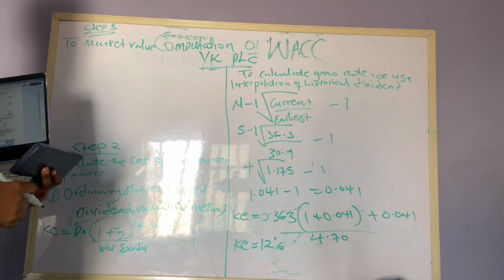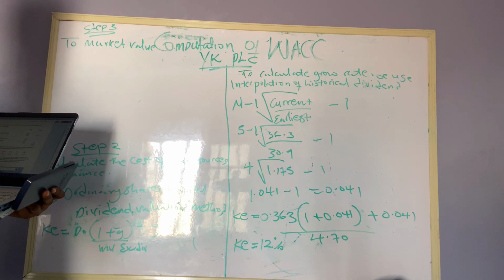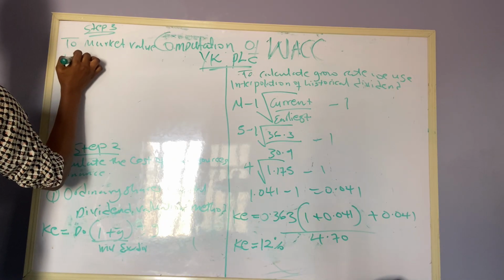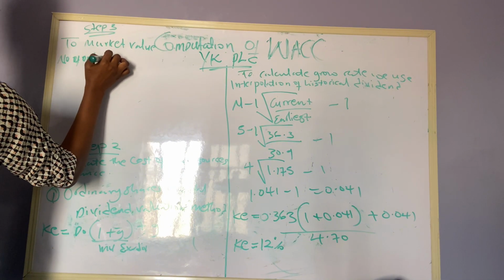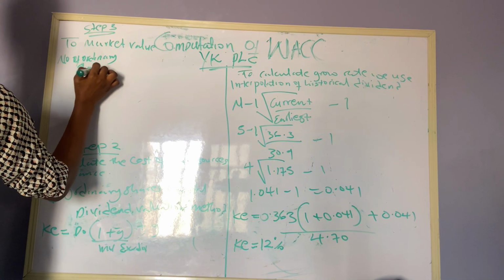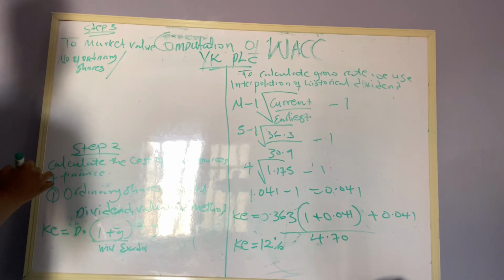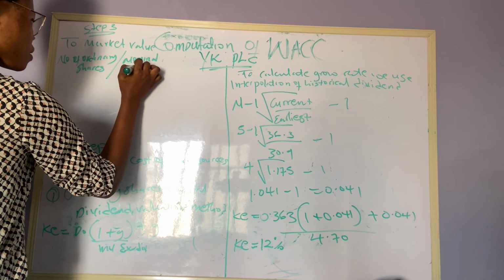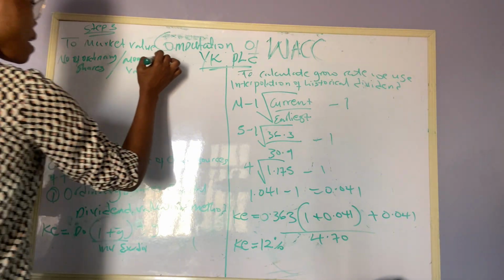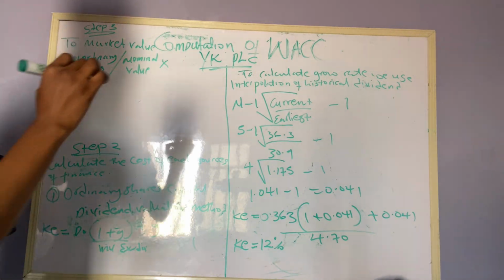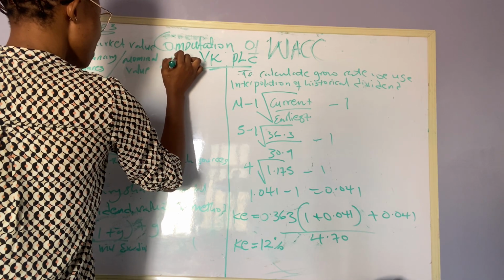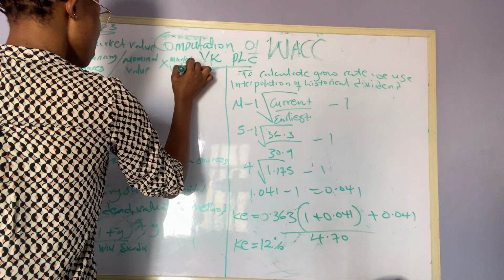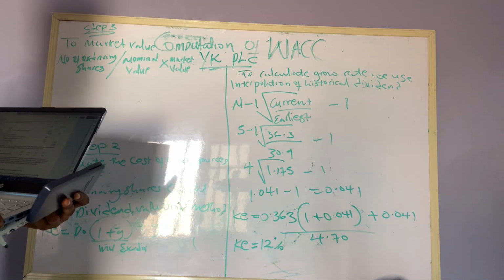Total market value is number of ordinary shares divided by nominal value times market value of ordinary share.